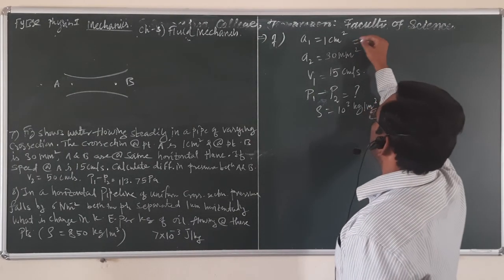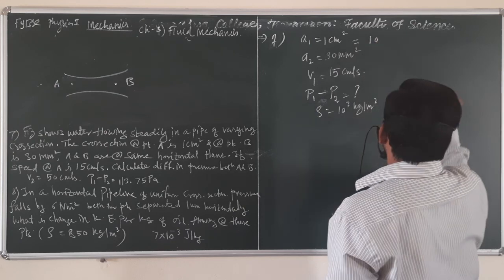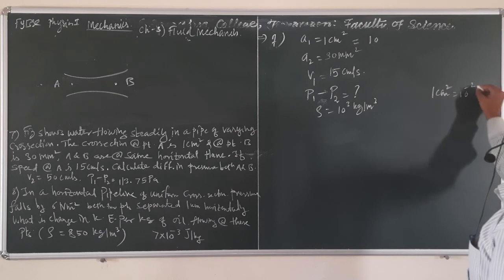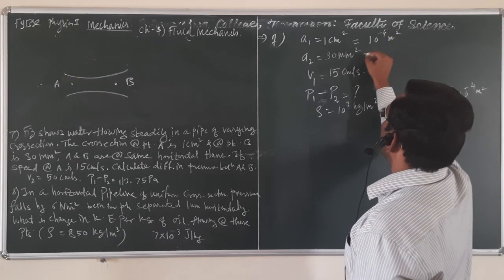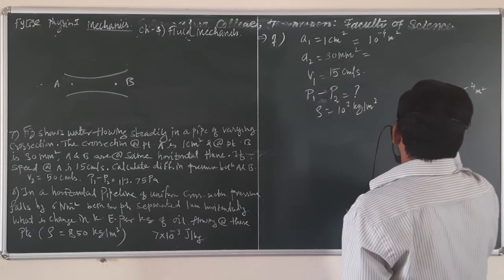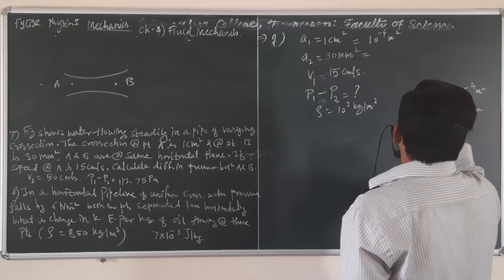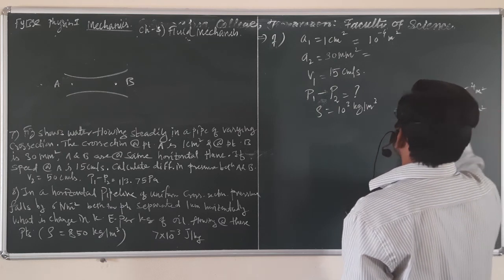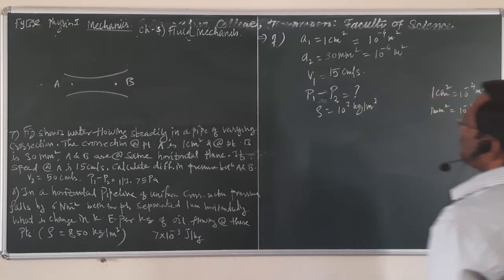So this 1 centimeter square, 1 centimeter is 10 raised to minus 2 meter, so centimeter square becomes 10 raised to minus 4 meter square. 1 millimeter is 10 raised to minus 3 meter, so 1 millimeter square becomes 10 raised to minus 6 meter square.